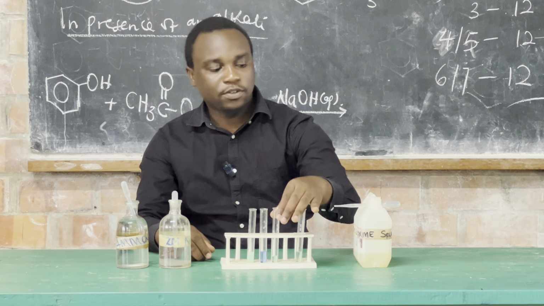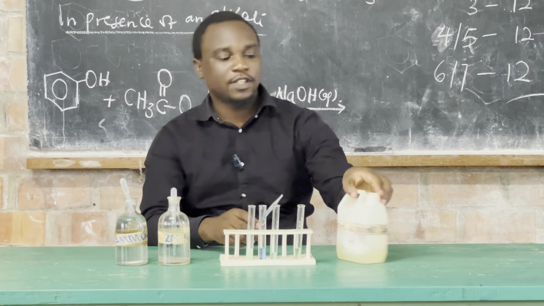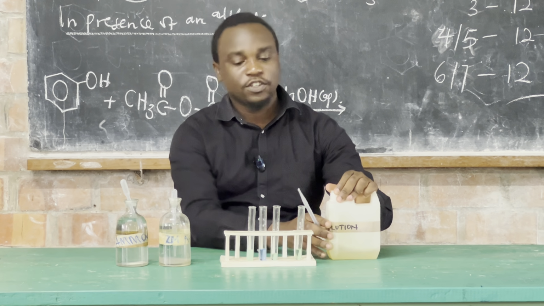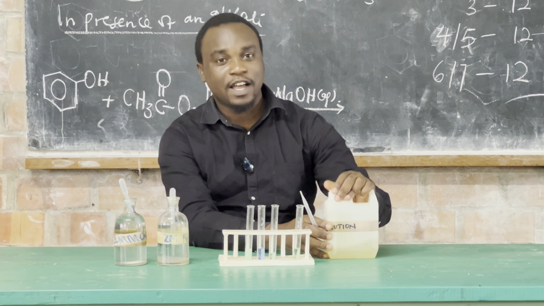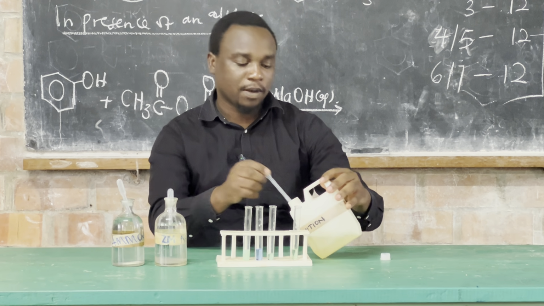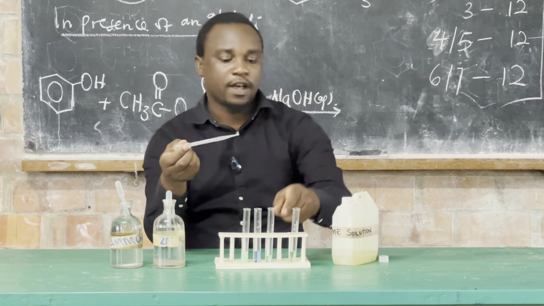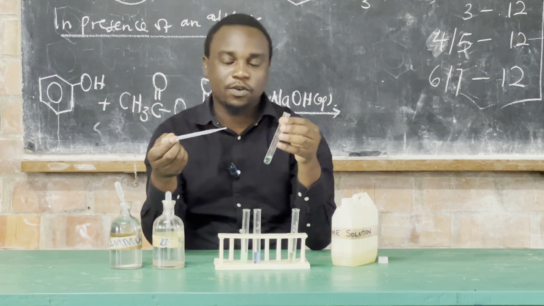Then lastly, we are going to add dimethyl glyoxime in this test, and we see what happens. So addition of dimethyl glyoxime acts as a confirmatory test for our nickel 2 ions. So I'm going to pick a few drops using a dropper, and then I will add it to this test tube, and we see what will happen.